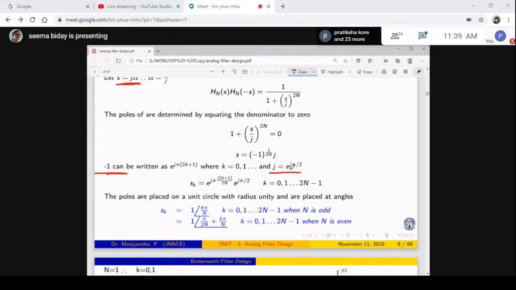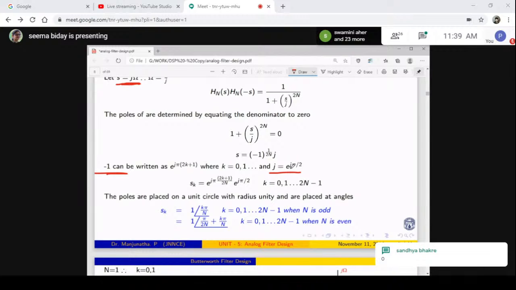What is cos pi by 2? Yes, it is 0, right?